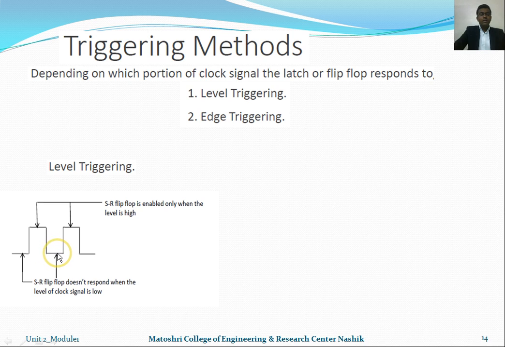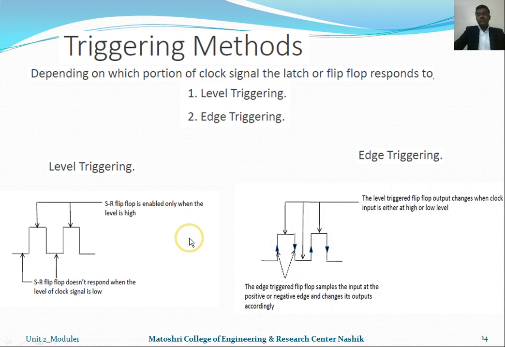When the clock is at the high level and your flip-flop is enabled, then we call it high level triggering. If the flip-flop is activated when the low level is applied, then we call it the low level triggering method. For edge triggering, there are two edges, rising edge and falling edge.